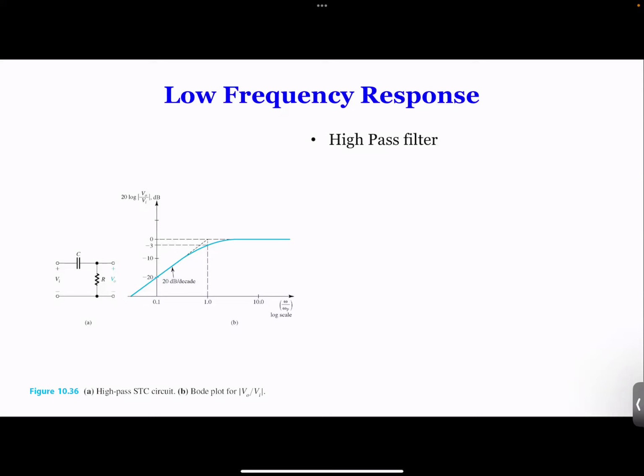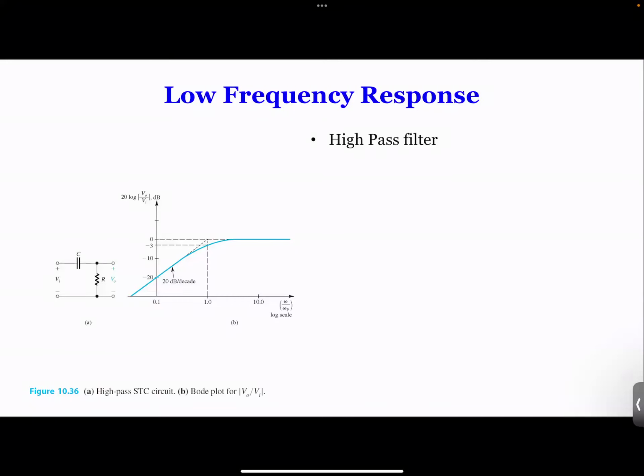So we don't care because it's a constant, it doesn't change anything, right? So what we care about is this range. In this range, our gain starts to decrease, and it decreases 20 dB every decade when you're going to a lower frequency. Of course, when your frequency goes higher, it increases by 20 dB every decade.